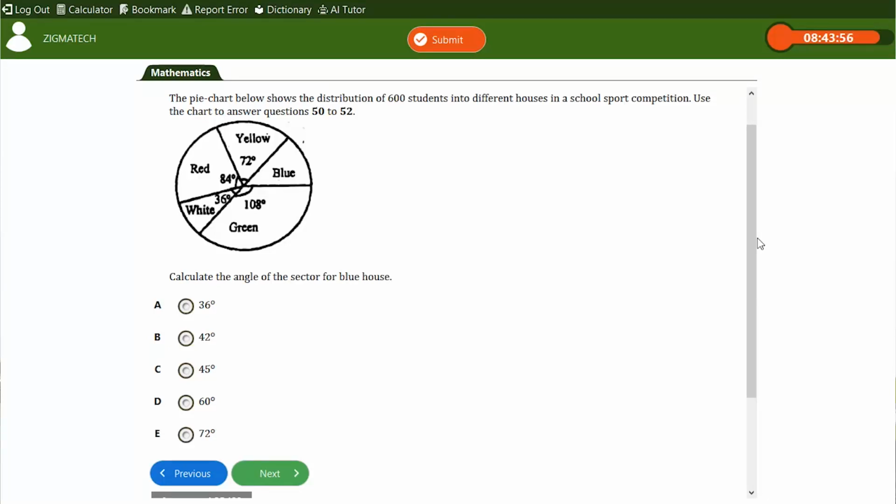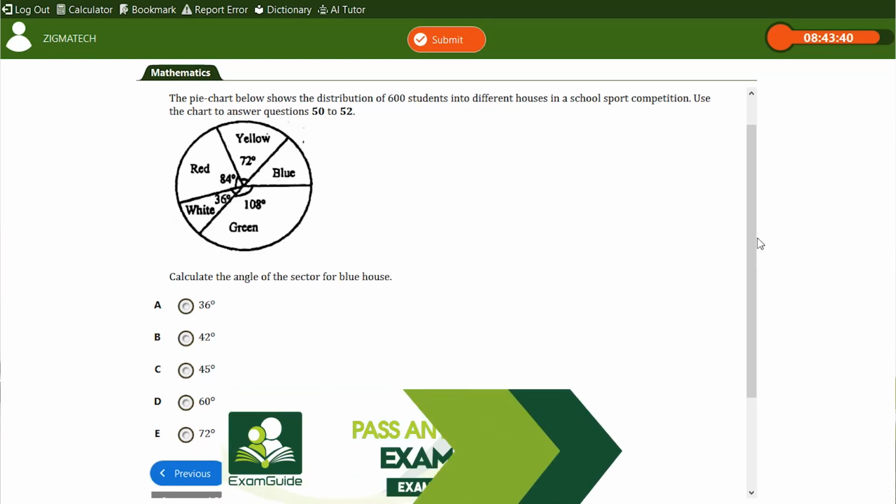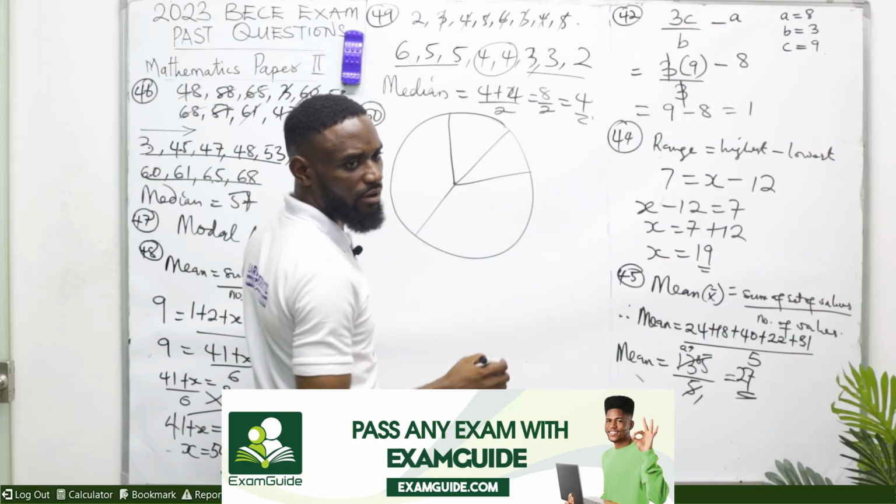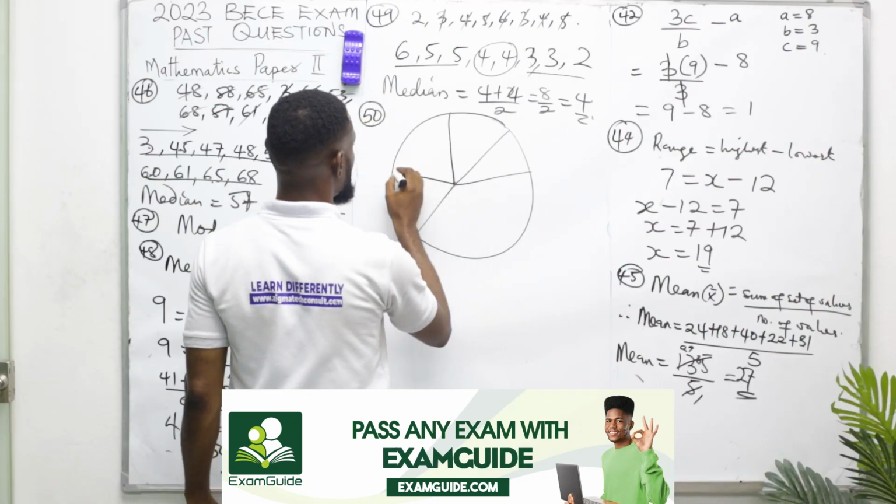So we have a pie chart. All right, we have the center of that chart here. Then we have yellow house, blue house, green house, and white and red house.